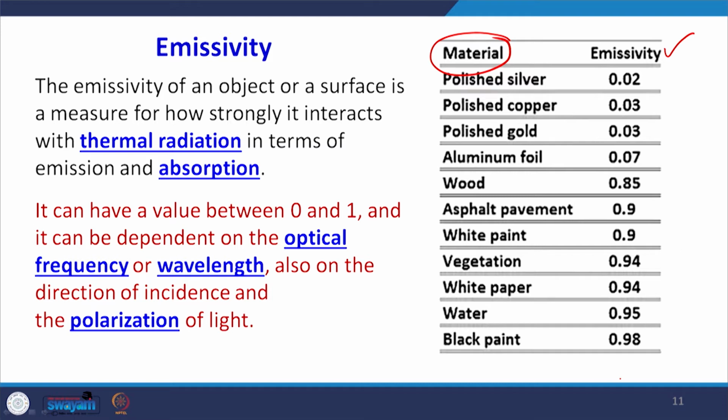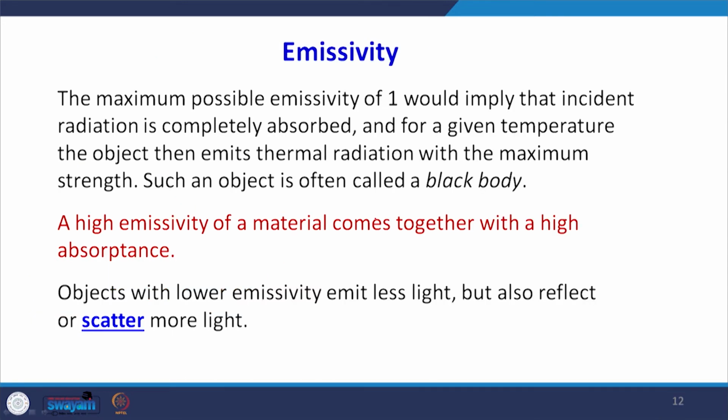So for different objects found on the earth surface, whose images we are taking from different sensors, the emissivity value may range from 0 to 1, depending upon the frequency or the wavelength at which we are capturing that particular data. So all the objects will have values ranging from 0 to 1.